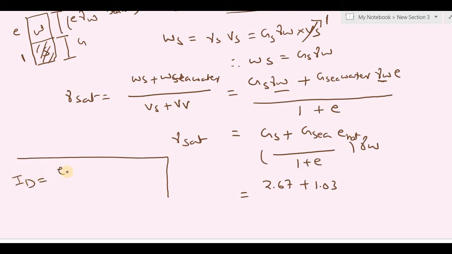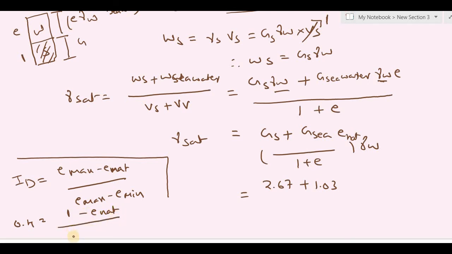Density index equals (E max minus E natural) by (E max minus E minimum). Given it is 40%, E max is 1, and E minimum is 0.5.